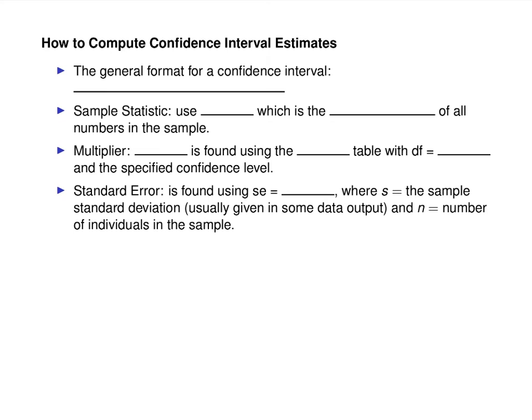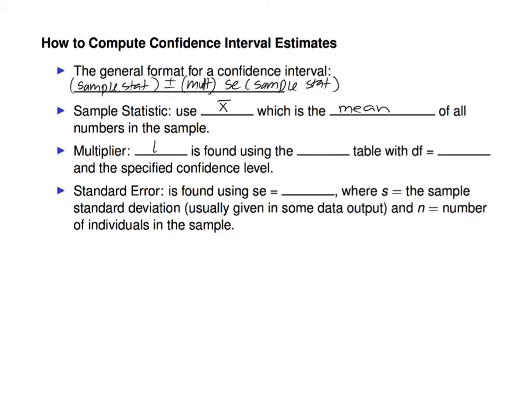So recall that the general formula for a confidence interval is your sample statistic plus or minus some multiplier times the standard error of the sample statistic. So here our sample statistic is x bar, which is the mean or average of all of your numbers in the sample.